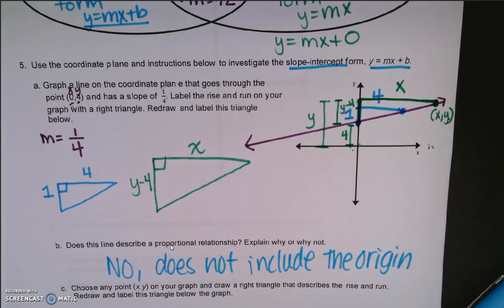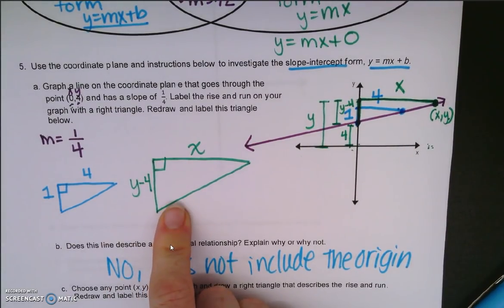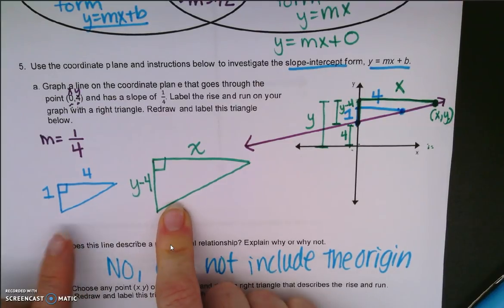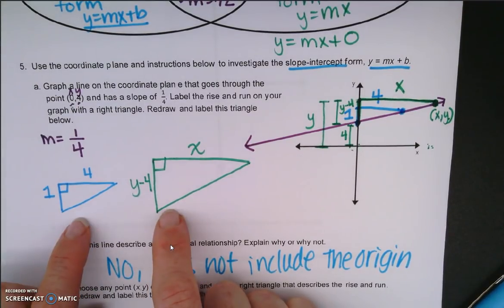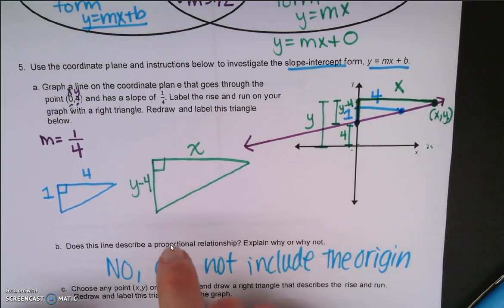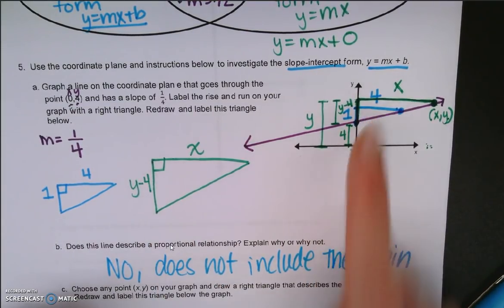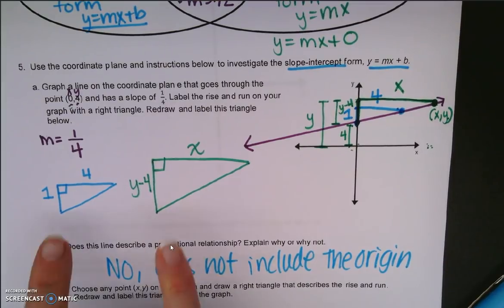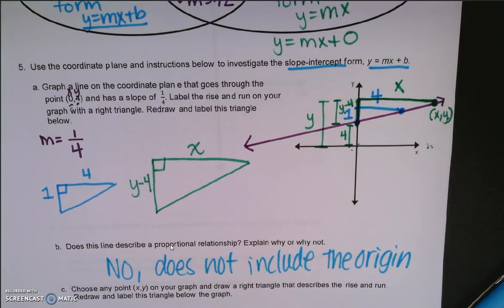Okay, now that we have our two similar triangles, remember that these are dilations of each other. The shape stayed the same, but they became larger or smaller by a scale factor. Dilations create similar figures.